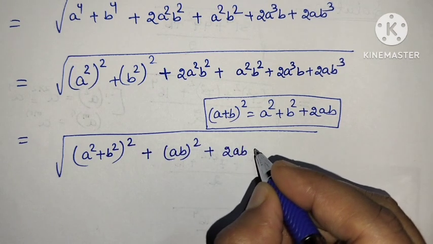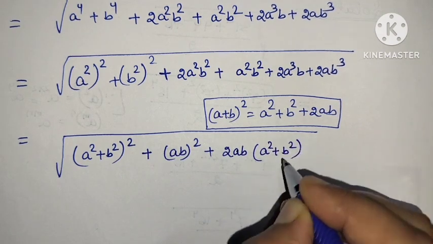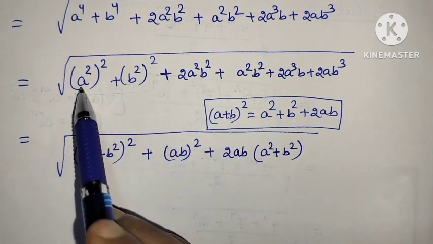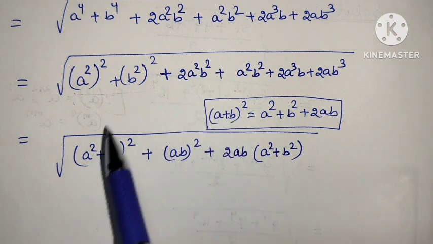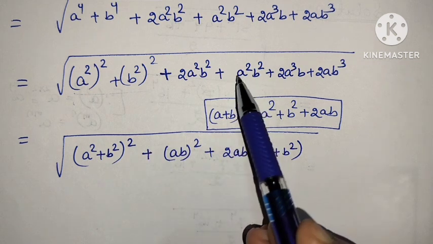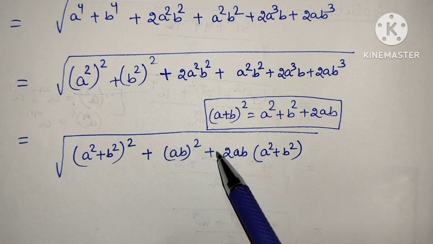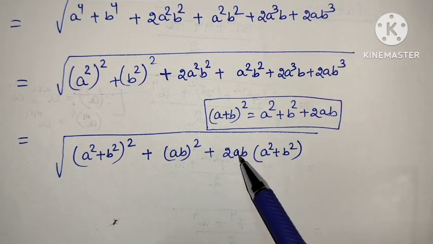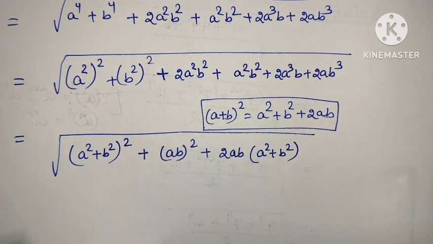2AB is common, then here A square plus B square. This one we apply the formula A square square plus B square square plus 2A square B square, it is A square plus B square whole square, plus here A square B square, it is AB square, plus in these two 2AB is common, then A square plus B square.